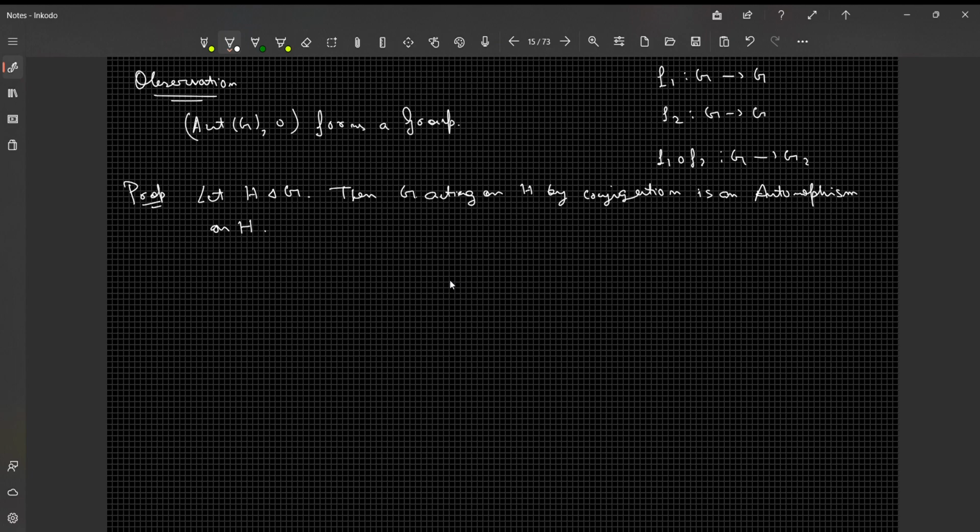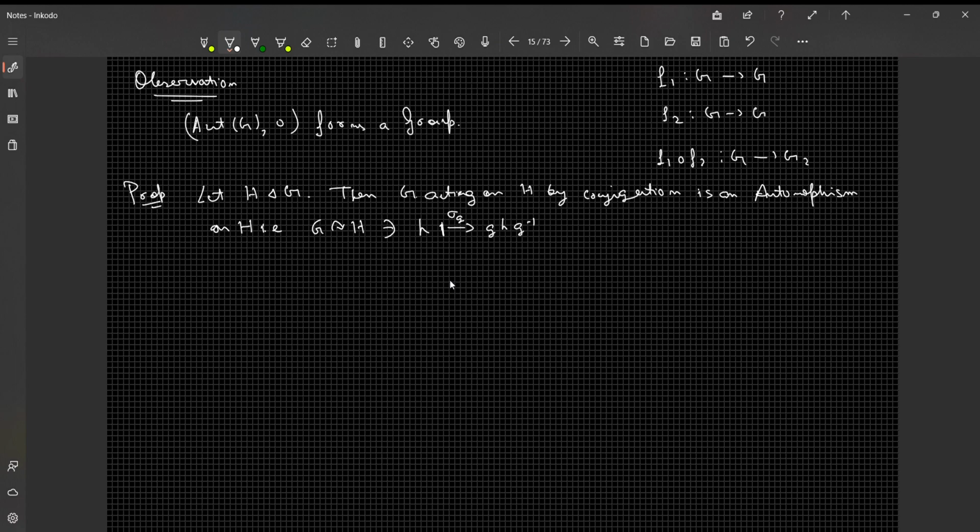So what are we actually trying to say here? Let me explain. G acts on H such that any element h you take gets mapped to g h g inverse via the mapping sigma g.